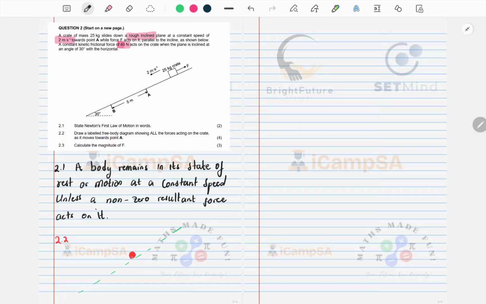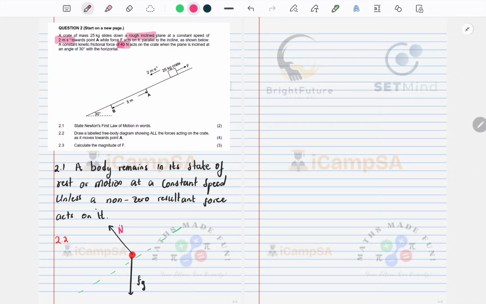We're going to have weight here, Fg, which is facing down like this. This is going to be our Fg. And then normal force is always perpendicular to the surface. So this is going to be our normal force, which is Fn or just N. So we can just put N instead.